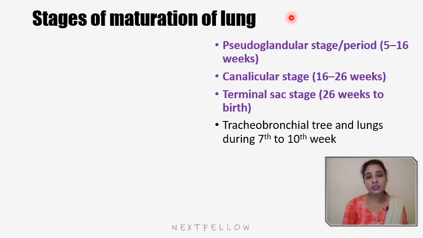In this stage, the terminal sacs and the respiratory bronchioles divide and form the alveolar ducts, and definitive alveoli form, with an increase in the number of type 2 pneumocytes, that is type 2 alveolar cells, which produce a sufficient amount of surfactant. Free exchange of gases occurs across the blood-air barrier formed by the epithelium of alveoli and endothelium of capillaries.